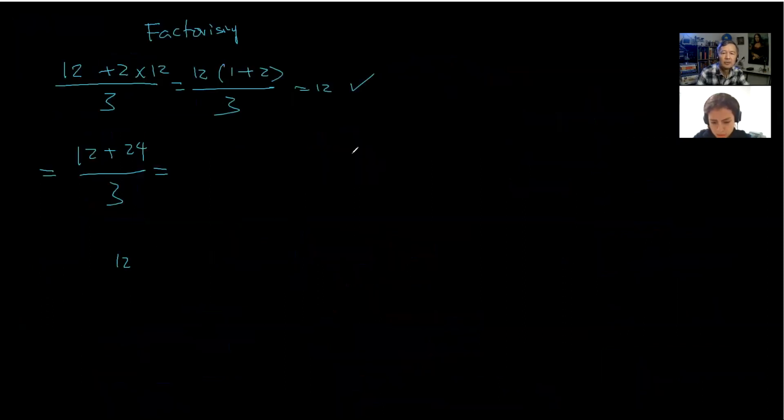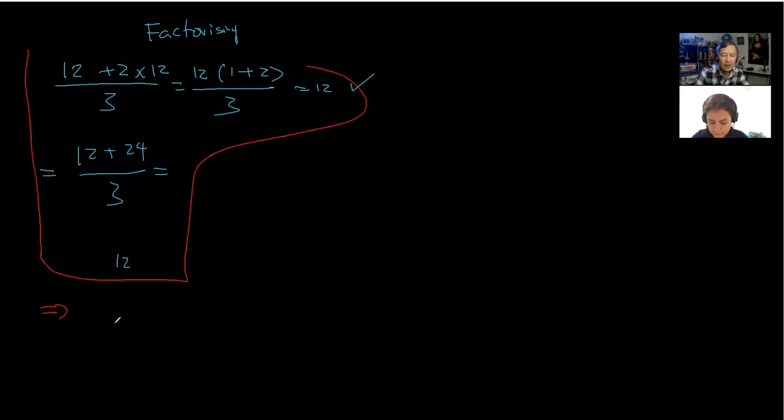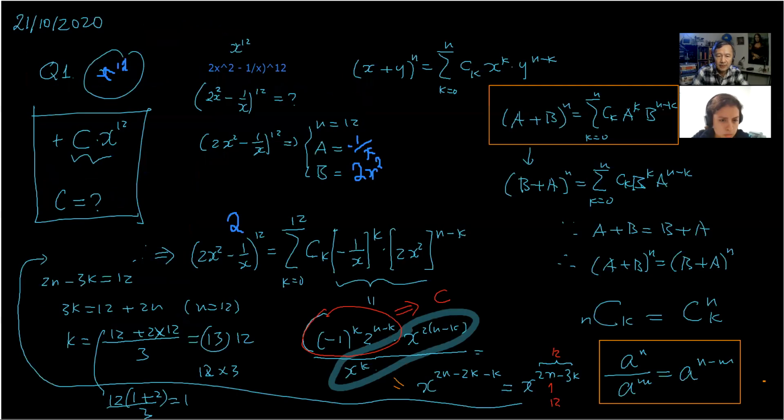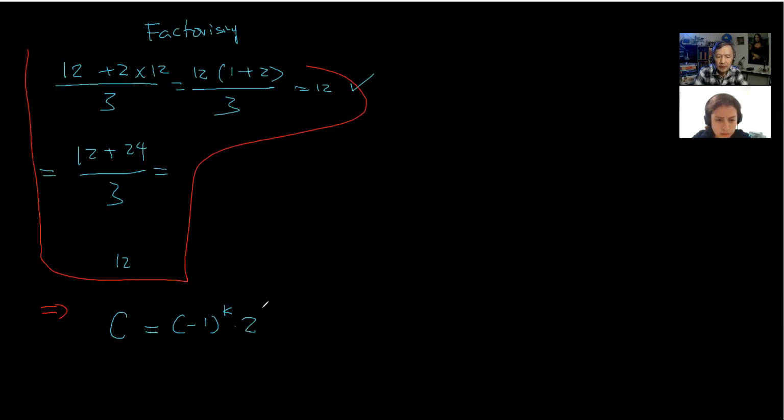So after all this calculation, the coefficient c we're looking for will equal (-1) to the power of k. k or n, we double check. It's k, okay. And then multiply 2 and n minus k. Double check.